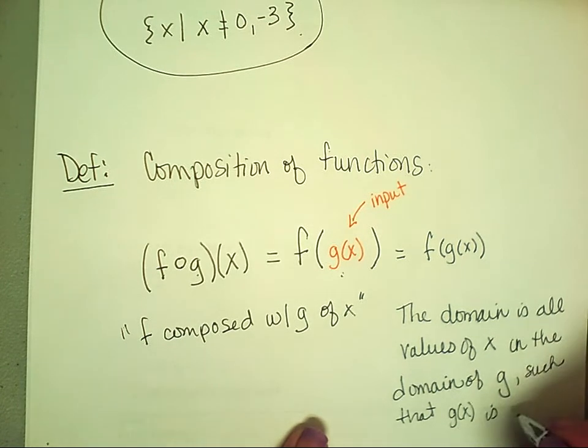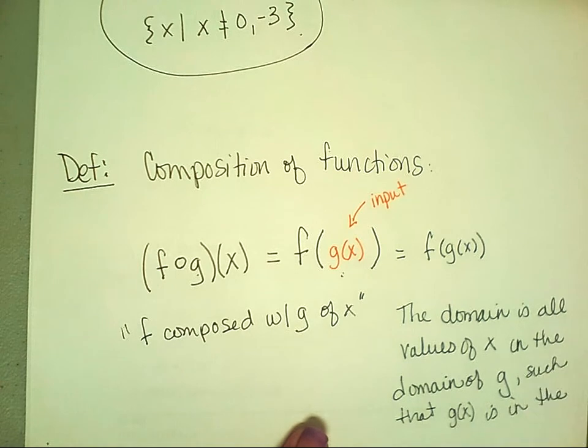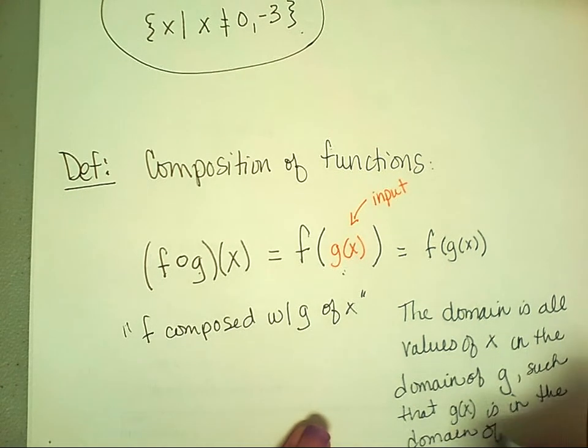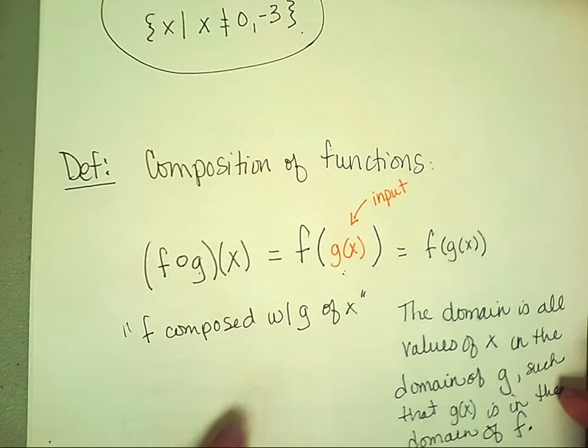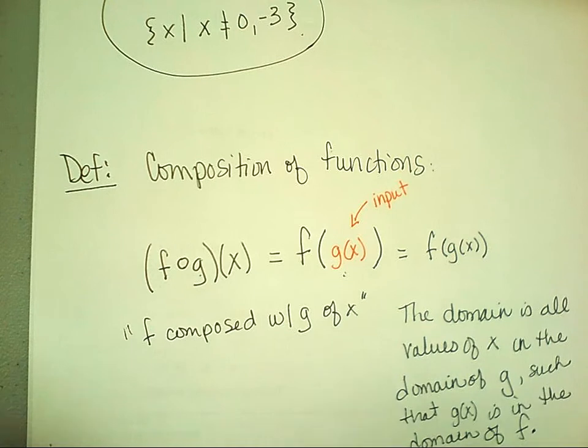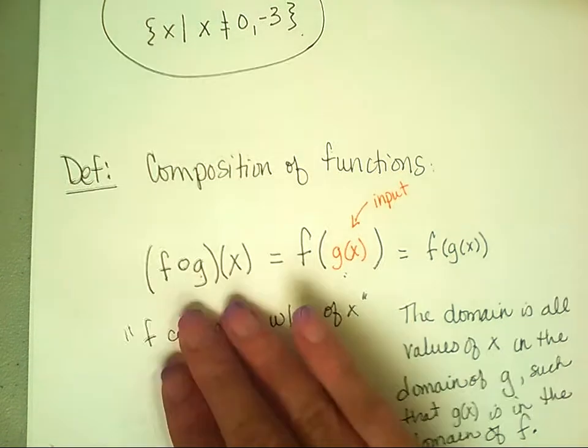So such that g of x is in the domain of the outside function, which is f. And we're going to practice this. This is going to take a little bit of practice to get used to what's happening here.